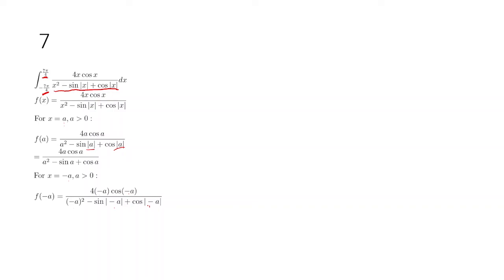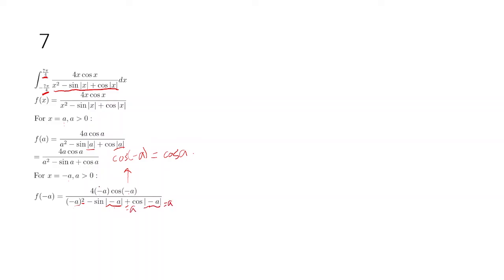Now, one thing we should notice from trigonometry here is that cosine of negative a is equal to cosine of a, and because this is an even number for the exponent, the negatives cancel out, so it'll just be a squared. The absolute value of negative a is also equal to a, such that we can do the same here.